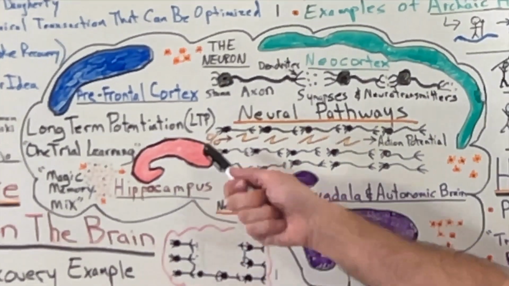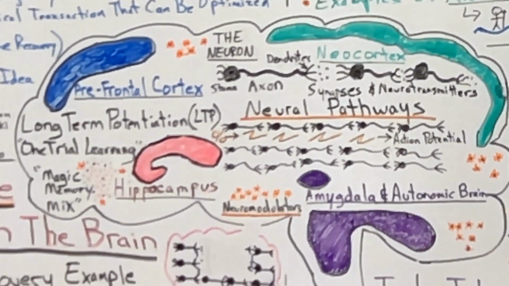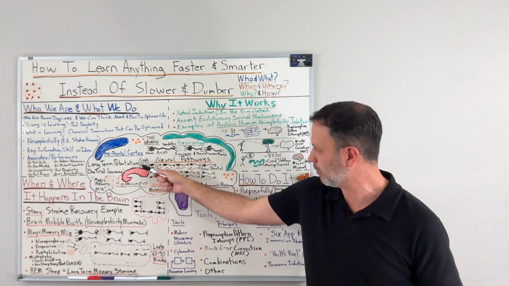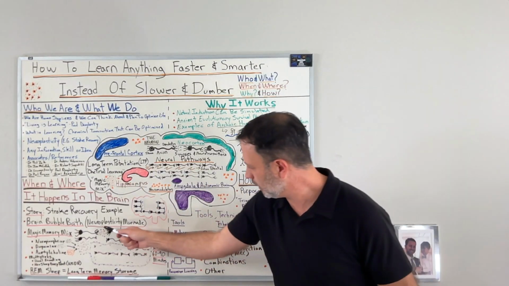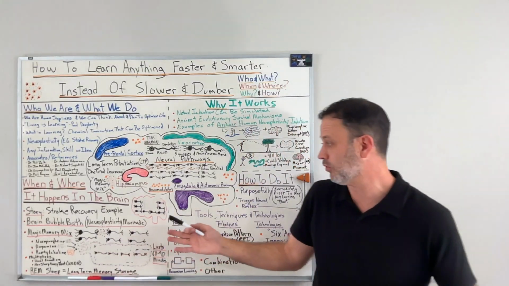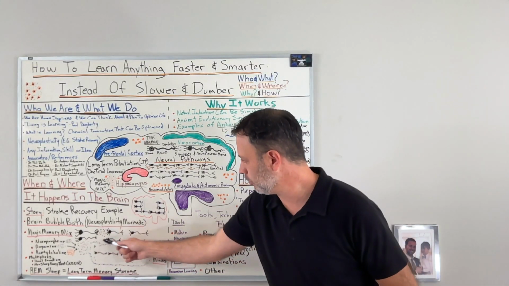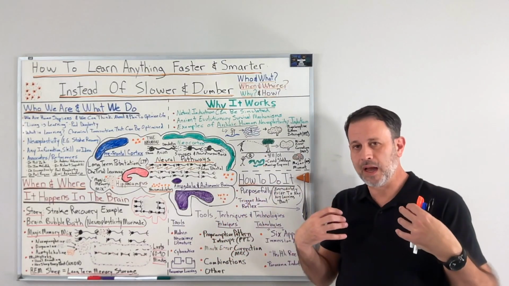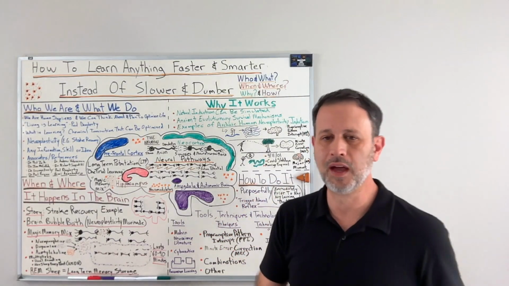And thus goes the action potential along the neural pathway. Long-term potentiation is the technical term, LTP, which is the growth of new dendrites, the ability to produce more neurotransmitting chemicals, and the ability of the postsynaptic dendrites to receive the chemicals.